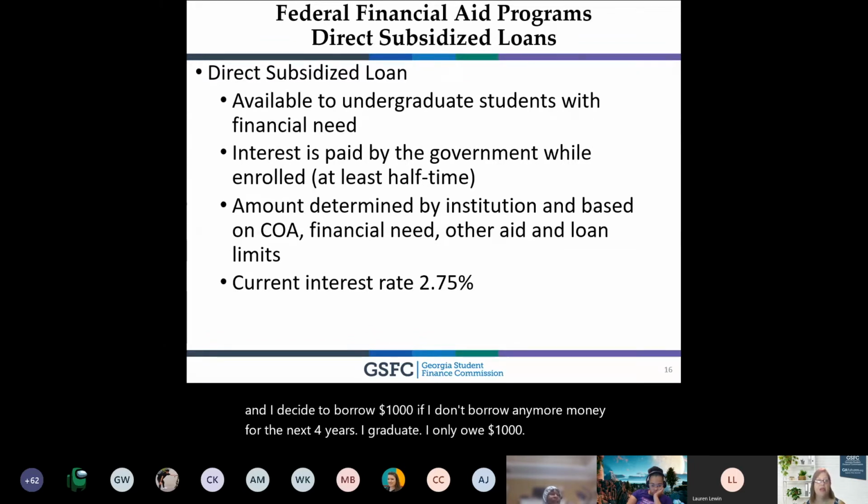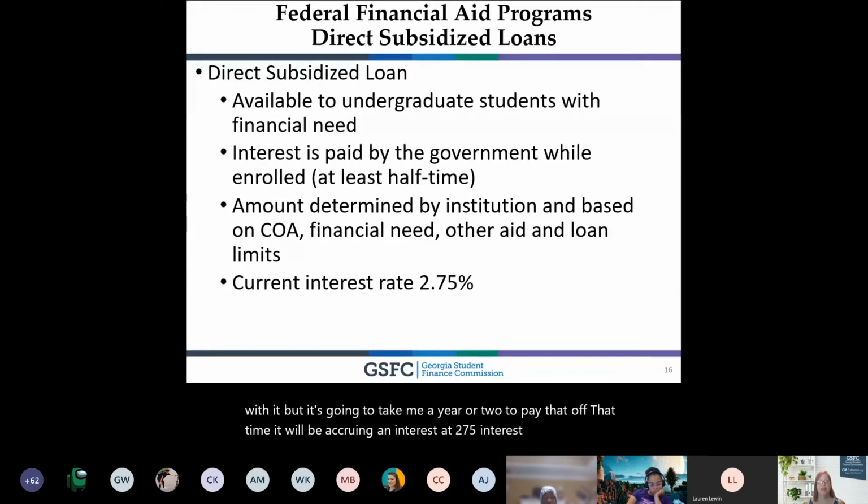Okay. Now you see the interest rate is 2.75%. Well, I just said that we're not accruing any interest, but you will once you start repayment. So if I graduate and I have $1,000, I could write that check and be done with it. But if it's going to take me a year or two to pay that off, that time it will be accruing an interest at a 2.75% interest rate.